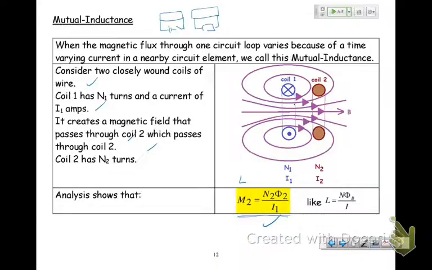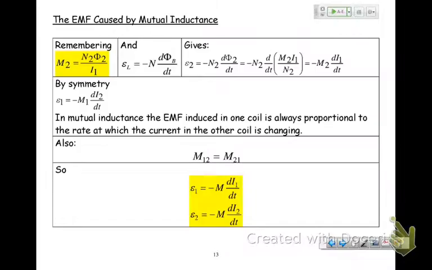If I show you the equation, you know that the M2 is the inductance in coil 2, N2 is the number of turns in coil 2, I1 is the current in coil 1. It's not all about coil 2. It's partly about M1. And again, the same kind of goes for this.